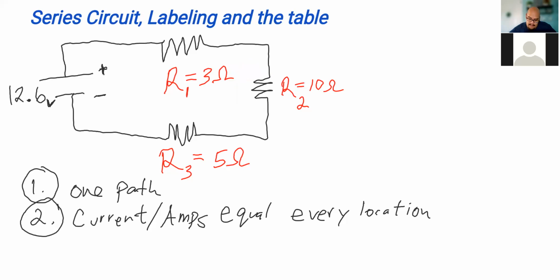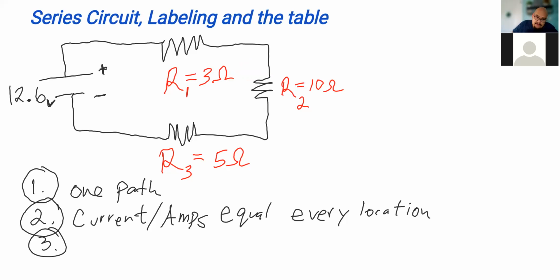Okay. And lastly, characteristic number 3. Well, I shouldn't say lastly because there's one more. Second to last. Total resistance is the sum of every individual resistor. Okay.